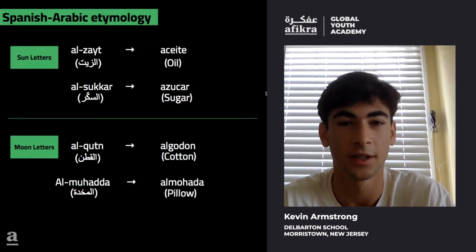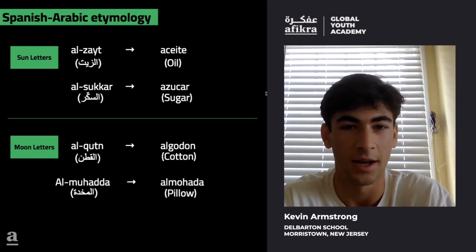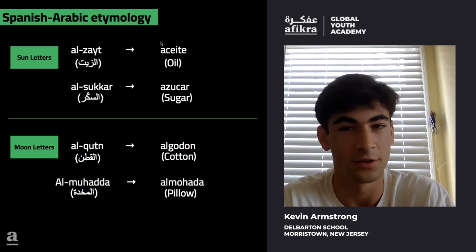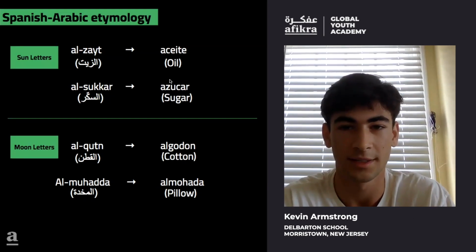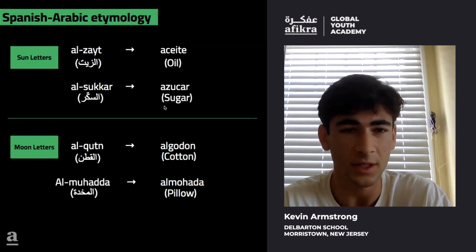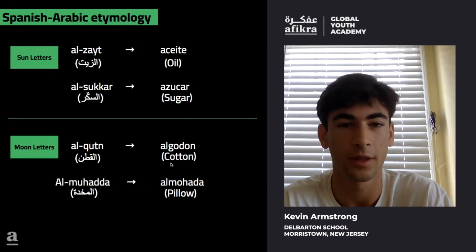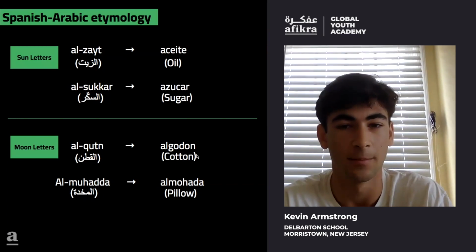So the first two words here, aceite and azúcar, are pronounced how they are despite the L in the beginning. And when you look at the Spanish translation, you could see there's no L sound or L letter here. Pronounced just aceite and azúcar without the lam. And then on the other hand, with moon letters, like el-qutn and el-mukhadda, the L sound is kept in Spanish, reflecting how it is pronounced in Arabic.